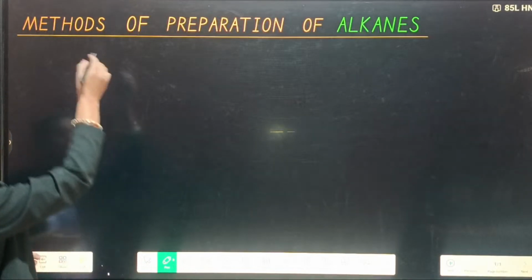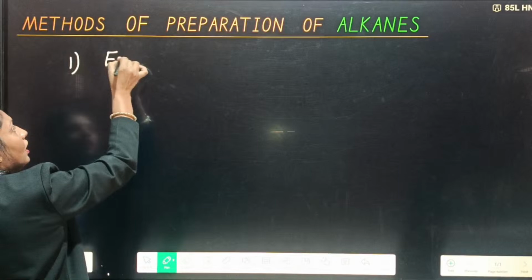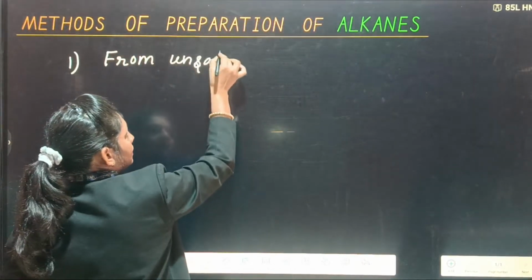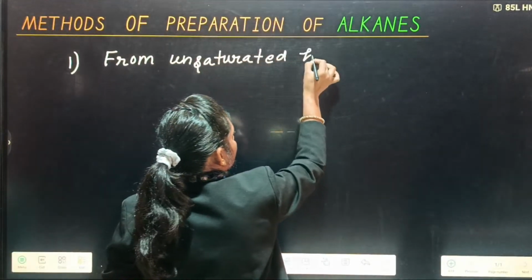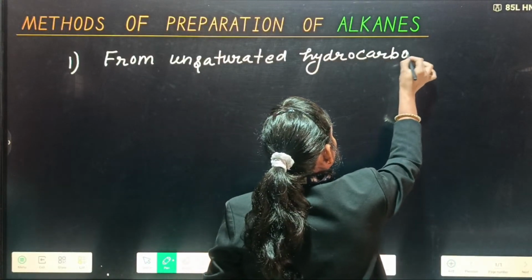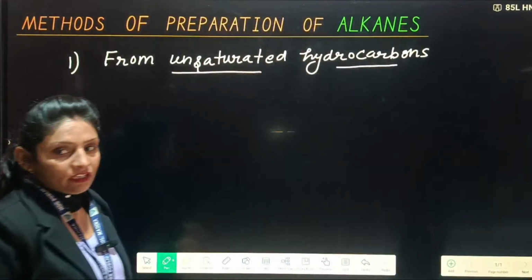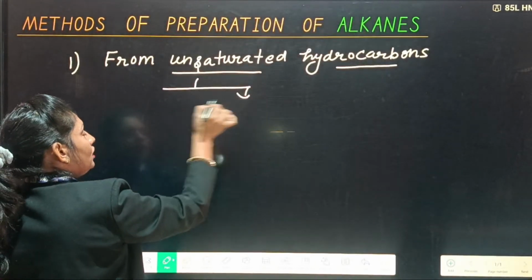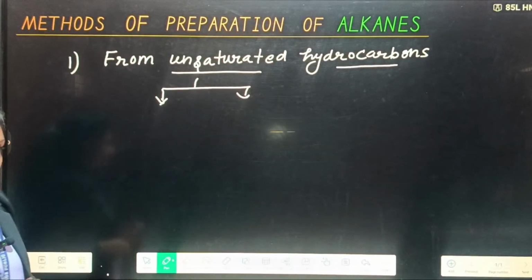Firstly, we can prepare alkanes from unsaturated hydrocarbons. You all know very well about unsaturated hydrocarbons. Unsaturated hydrocarbons are those which have double or triple bonds, meaning multiple bonds between carbon and carbon.